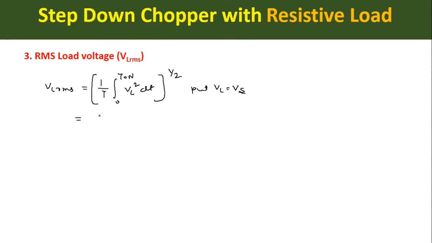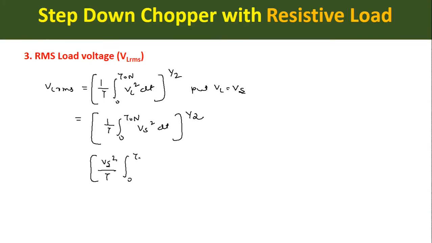So we will get 1 by T integration from 0 to T on Vs square dt to the power 1 by 2. Now this Vs square can come out. So we will get Vs square divided by T integration from 0 to T on dt to the power 1 by 2. Now when we integrate, we will get Vs square upon T limit from 0 to T on to the power 1 by 2.